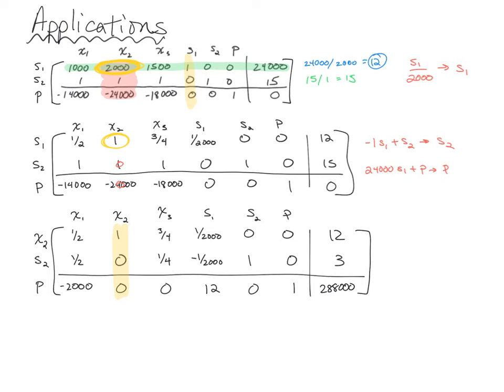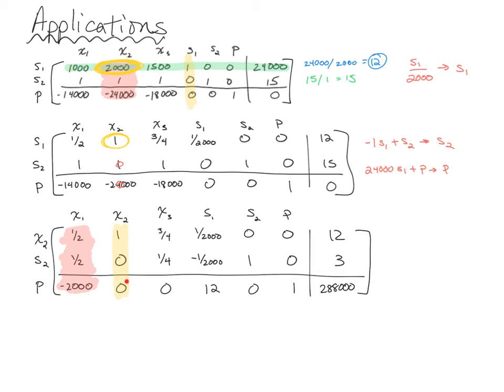The next step is to repeat all of this process again. We need to find the most negative number in the bottom row, which is this one, which means this has become the new pivot column. Now again, from my previous video, you will have learned that you cannot use the same pivot column and the same pivot row twice.